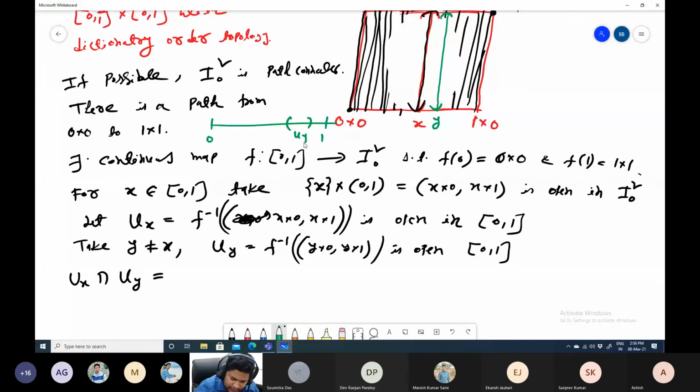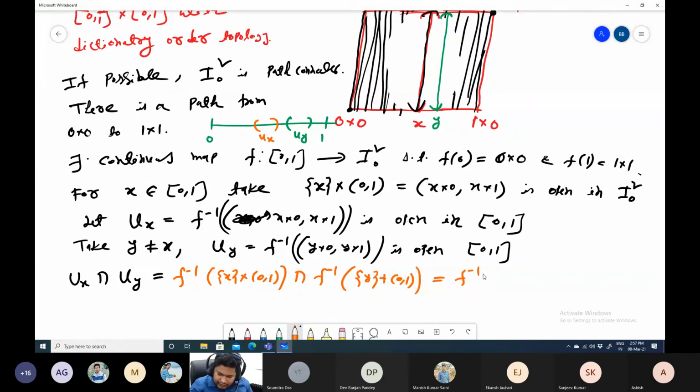Now this is your U_y, and this is your U_x. Why? Because that is f inverse. You can write it this way: f inverse of {x} cross (0,1) intersection f inverse of {y} cross (0,1). So therefore it is f inverse of the empty set, so it is empty. Okay.